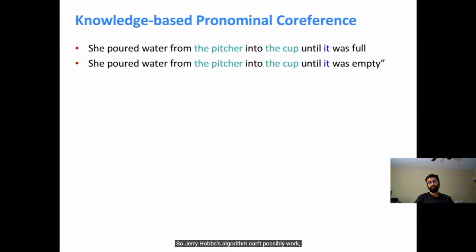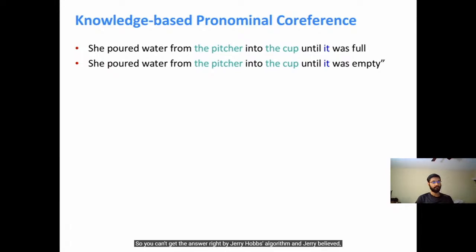So Jerry Hobbs's algorithm can't possibly work for both of these sentences. It's going to work for one of them, but not the other. Since it's working from left to right within a sentence, it's going to say the pitcher both times, so you can't get the answer right by Jerry Hobbs's algorithm.